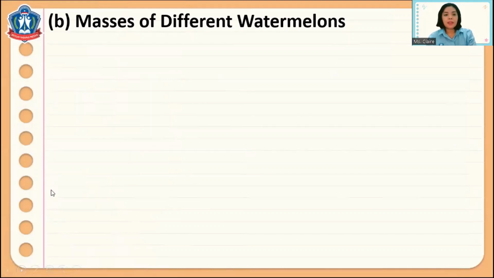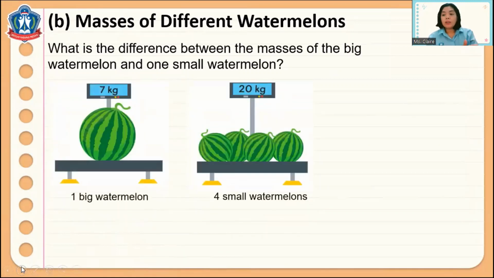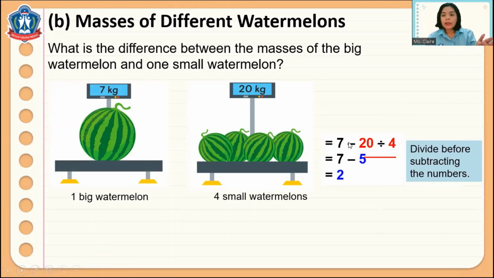This problem is about the masses of different watermelons. What is the difference between the masses of the big and the small watermelon? One big watermelon weighs 7 kilograms. 4 small watermelons have a mass of 20 kilograms. So what is the mass of each of these watermelons? How are we going to calculate? We can calculate using this: 7 minus 20 divided by 4.